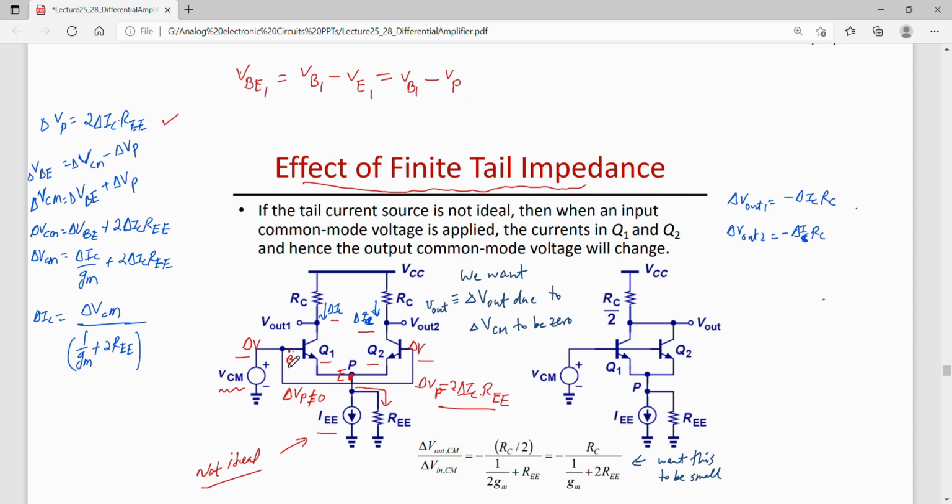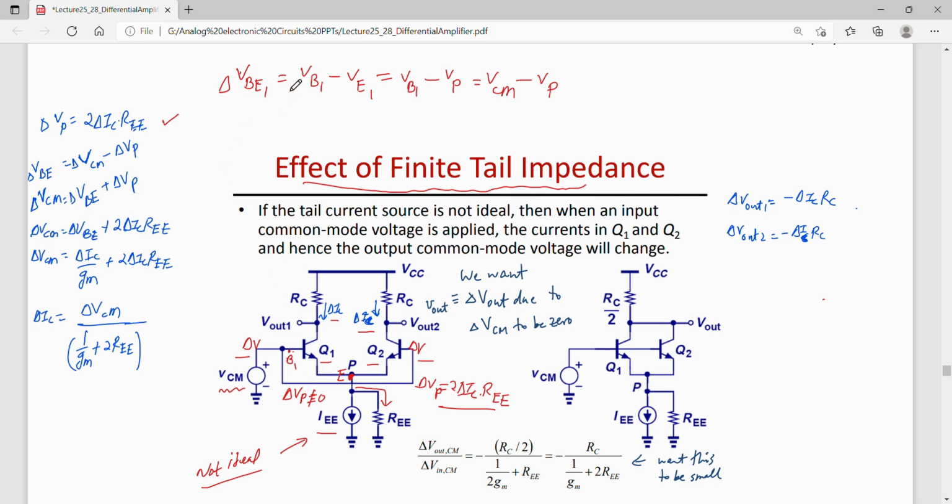And VB1, that is base 1, is VCM, so I can write this as VCM minus VP.